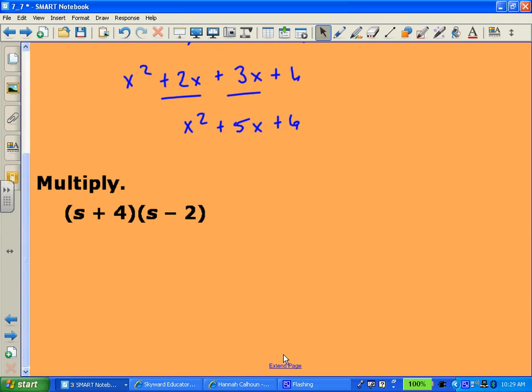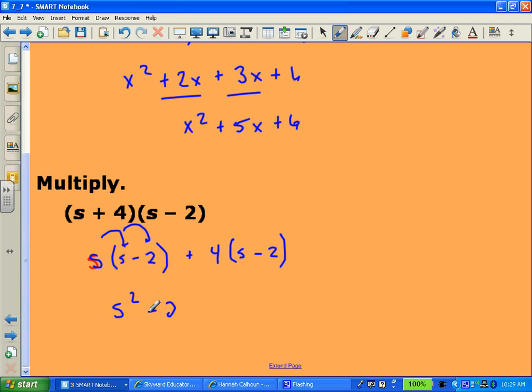Let's look at another one here using the same method. So again, if I want to use the distributive property twice, I take the first one times my thing in parentheses, and the second one times the thing in parentheses. So, and then I distribute.